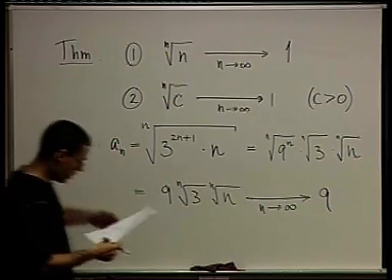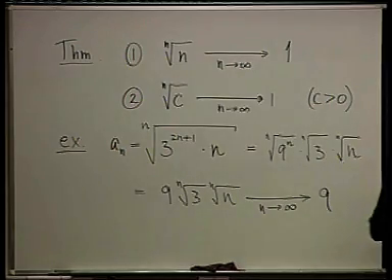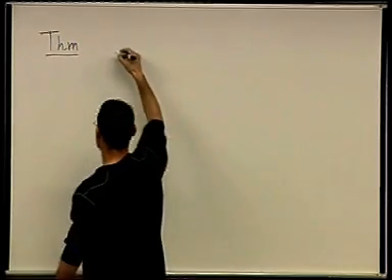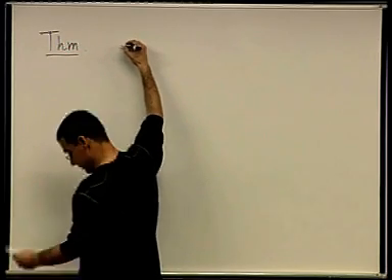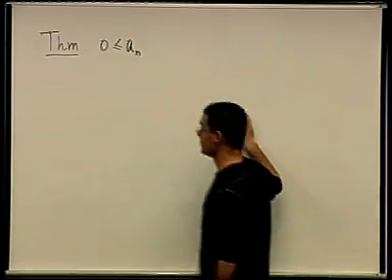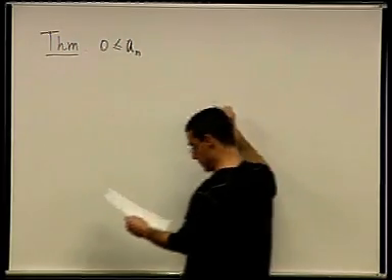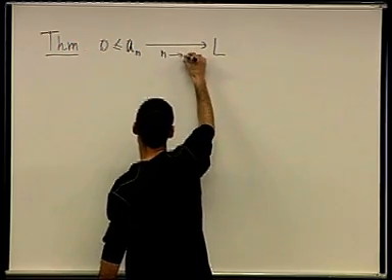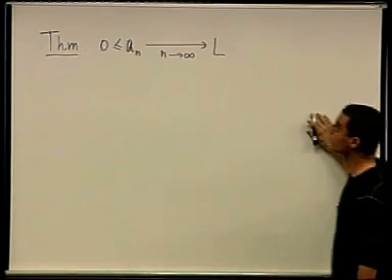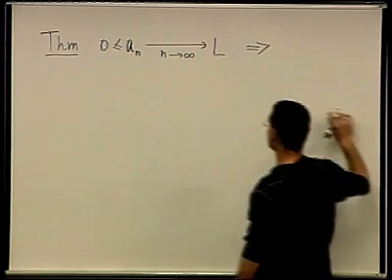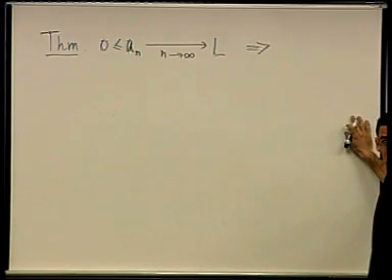Okay. Some more. So, theorem. Suppose that a_n is a non-negative sequence, so all the a_n's are non-negative, and converges to L. What can you say about L?